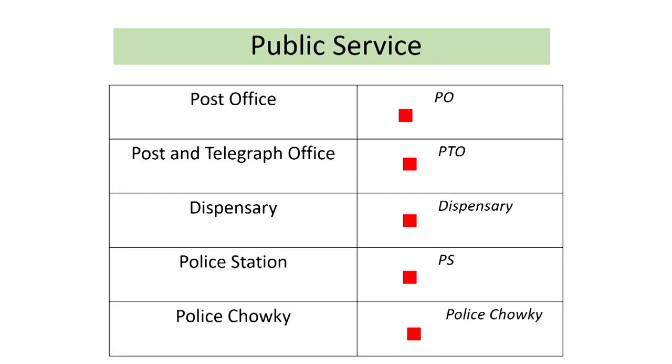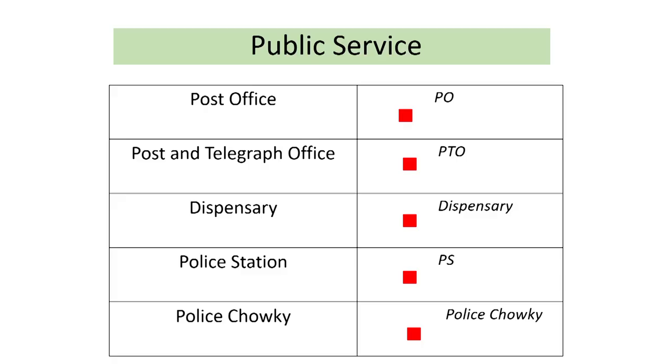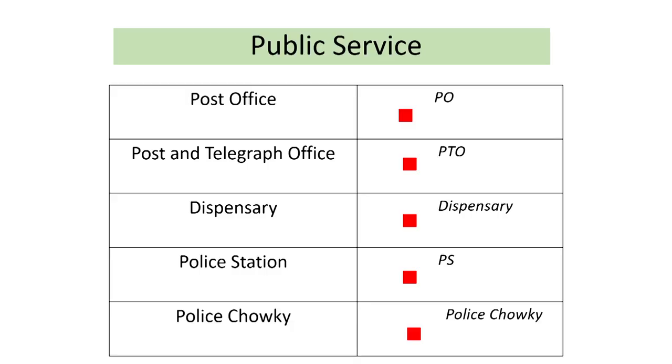Next, about the buildings used for public service, like collectorate office, police station. We have n number of buildings used for public service. All the buildings used for public service are denoted with a red box, with letters, an abbreviation, to find the exact usage of that building.